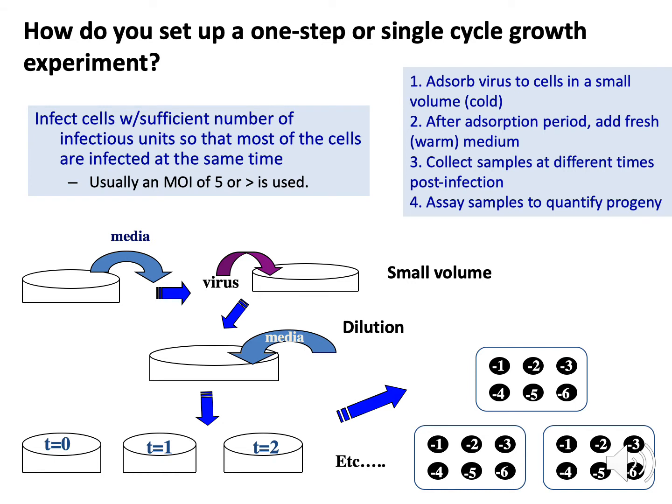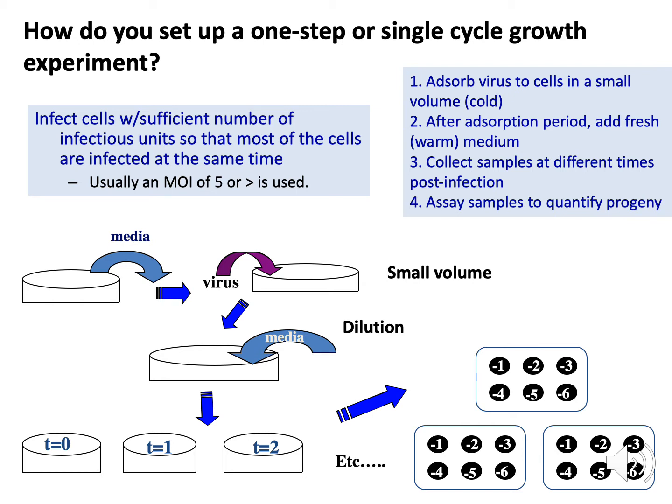We do this in the cold at 4 degrees. Why do we do that? If you were with me, I'd elicit some answers. But it has to do with membrane fluidity. So if you did your infection at physiological temperatures and the virus attached to its receptor, it would go in.